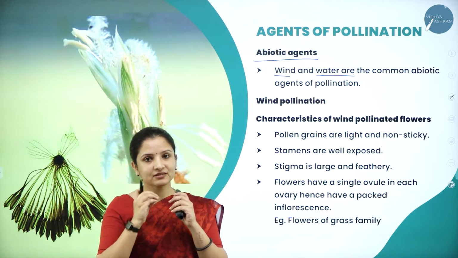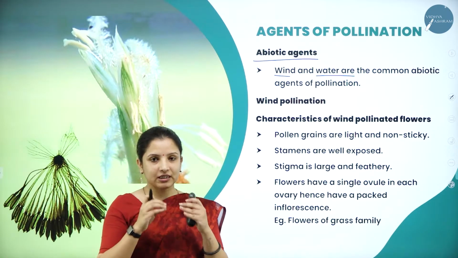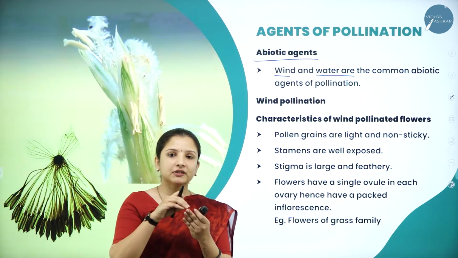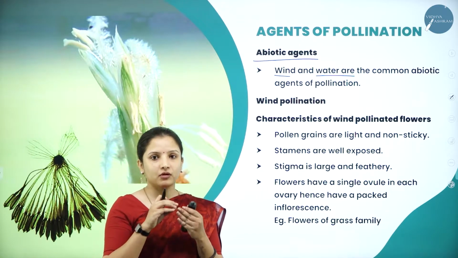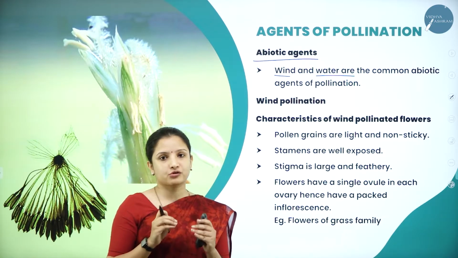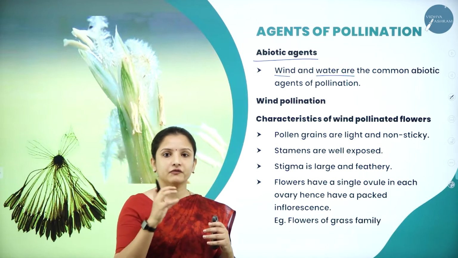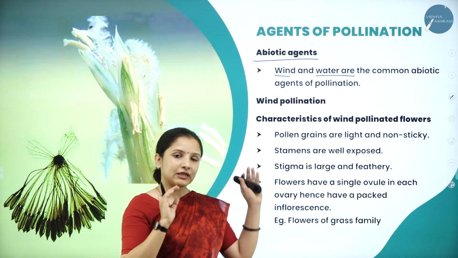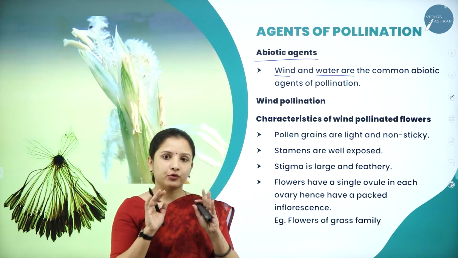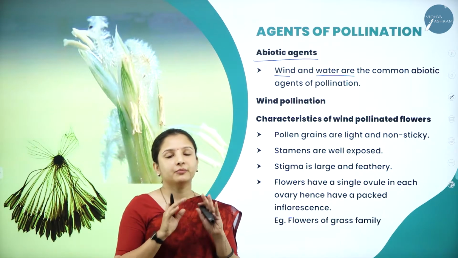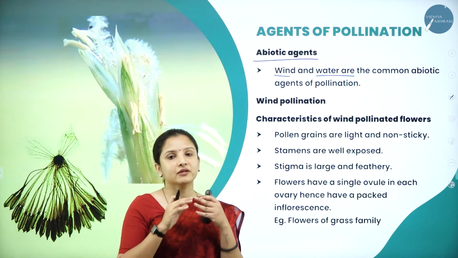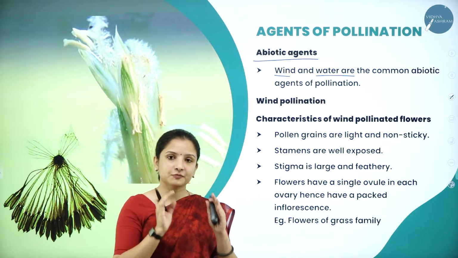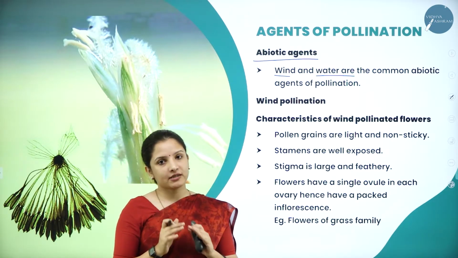Or if it is very sticky, glued too much to the anther, it is difficult for the wind currents to carry the pollen grains. That is why pollen grains have special characteristics, especially if they are to be pollinated by the wind.